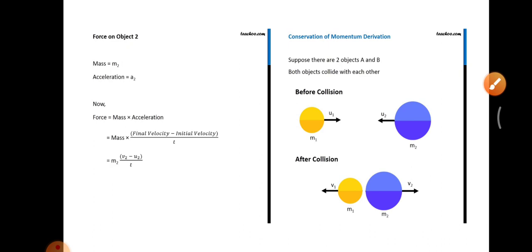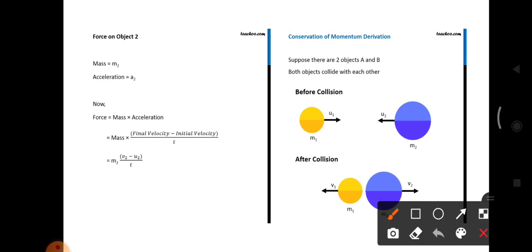The force on object 2. The mass of the object is m2, the initial velocity is u2, and the final velocity is v2.